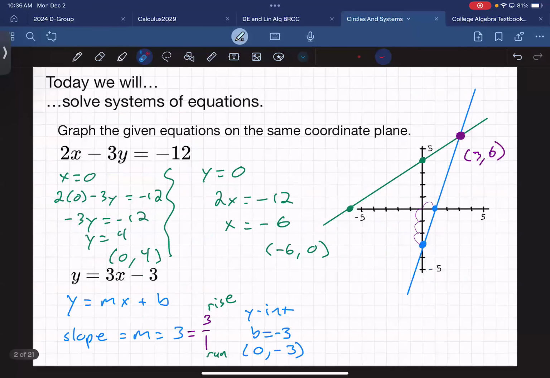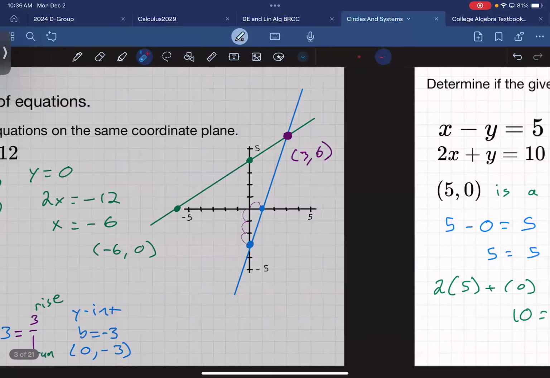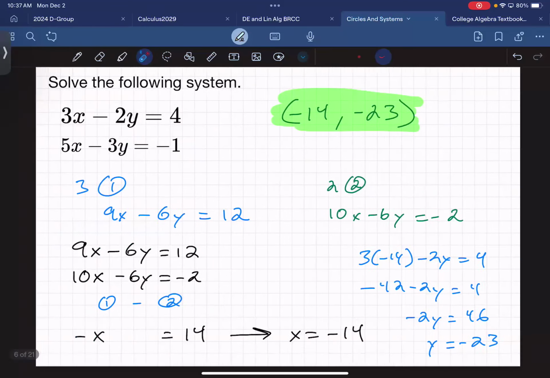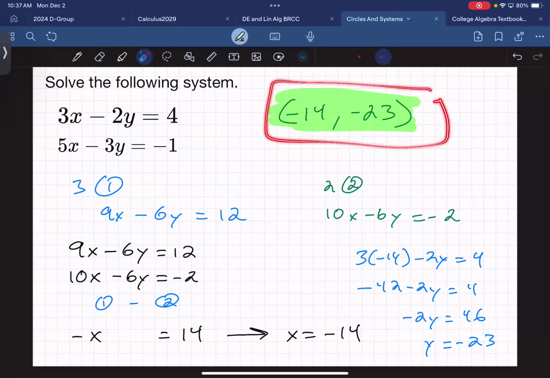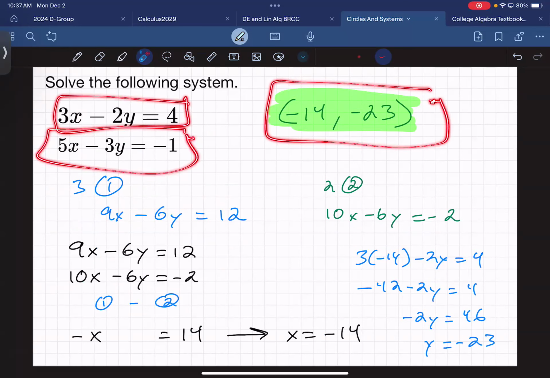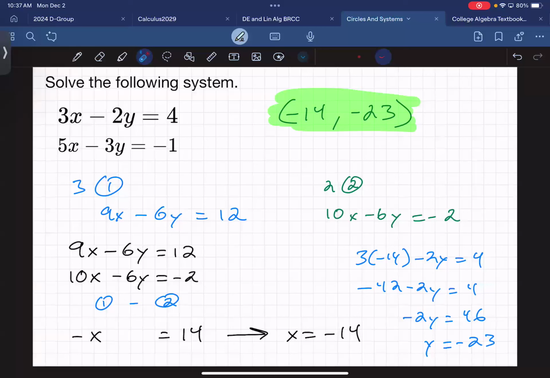From a graphing perspective, whatever these lines look like, we just found where they intersect. This point is special because that is the shared solution of both of these equations. Hence why we call it the solution to the system of linear equations. We want to make sure to highlight that when we deal with those, okay? Any questions there?